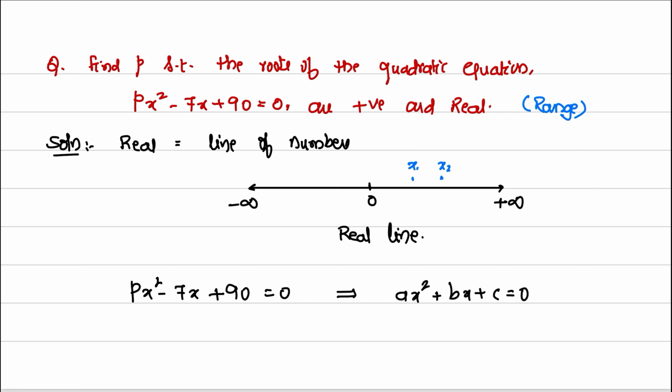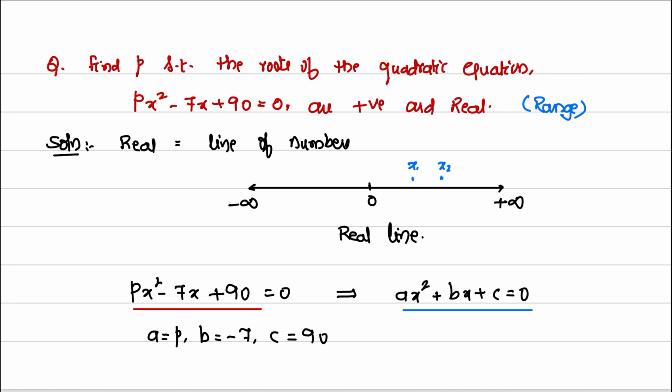This is the general form of a quadratic equation, and this is the given quadratic equation. Then, what are the values when you compare the x square coefficient, x coefficient and constant? A is equal to p. What is the value of b? b is equal to minus 7. What is the value of c? C is equal to 90.